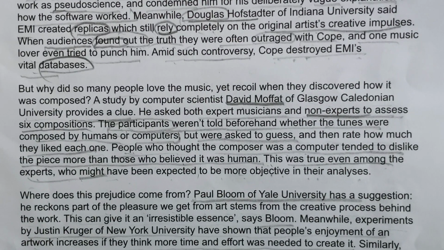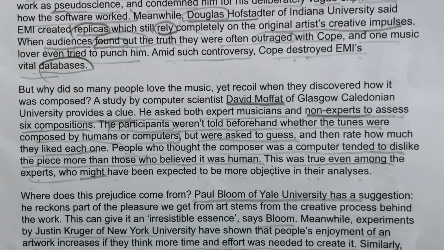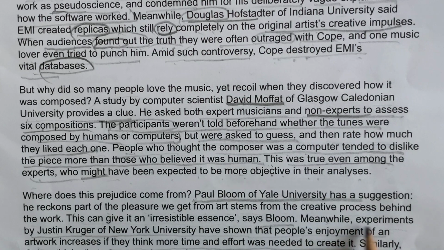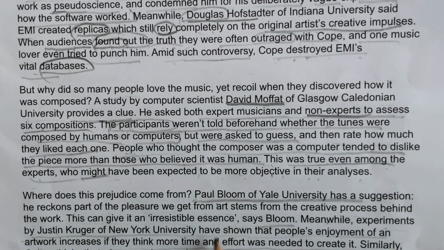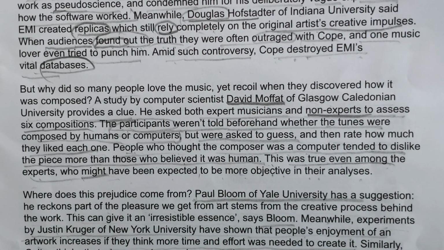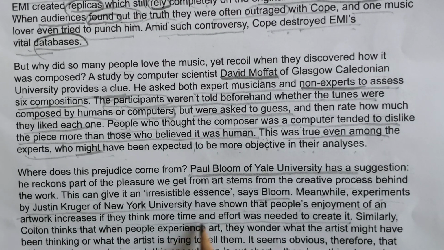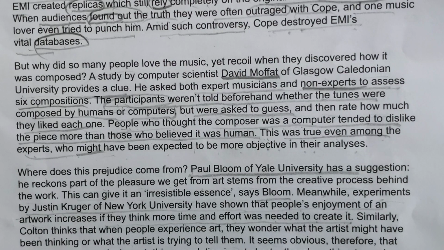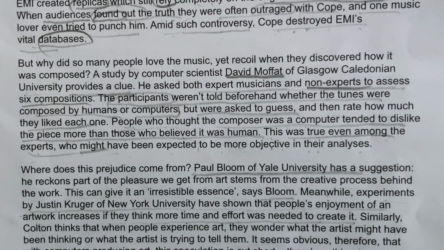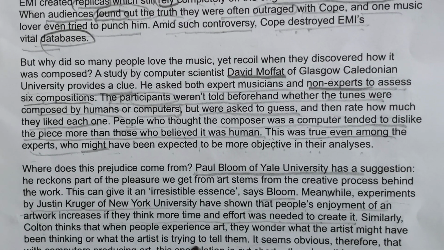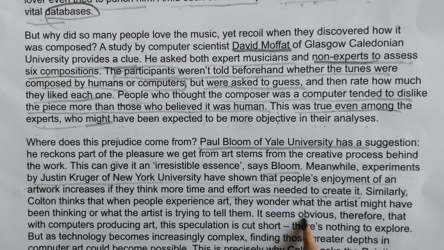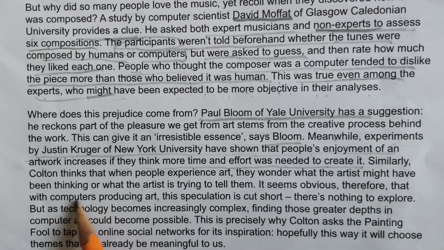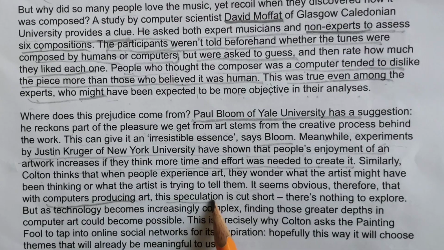Okay, let's find it. Experiments by Justin Kruger have shown that people's enjoyment of an artwork increases if they think more time and effort was needed to create it. Similarly, they wonder what the artist is trying to tell them. It seems therefore that with computer-produced art, this speculation is cut short.